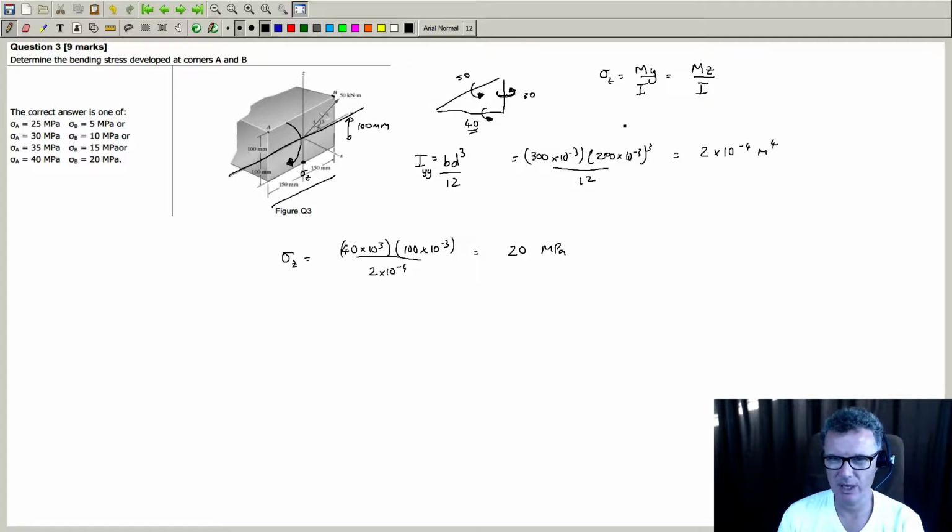So now I'm going to repeat all this. I could have done things in parallel, but best to separate them up. Repeat all this now for going around this component here. So in this case, IZZ, you could swap the notation around if you wanted to, but the breadth in this case is in effect 200 and the depth is 300.